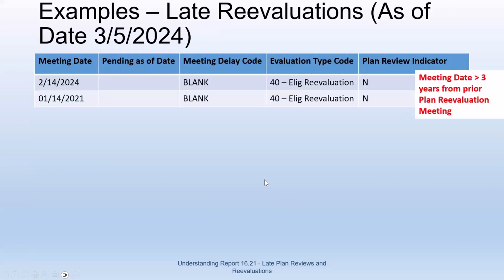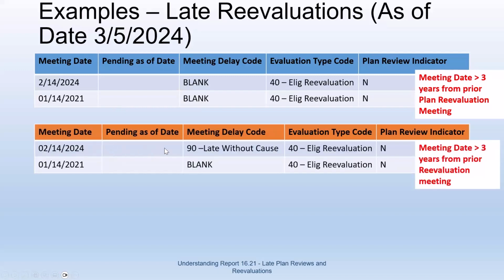A reevaluation. We've got a reevaluation that was held on January 14th, 2021. There was a subsequent reevaluation that was held about a month later. Because it's greater than 365 days from the prior evaluation, it shows up as a reevaluation held late. Same scenario for these two records, except this has a meeting delay code of late without cause.